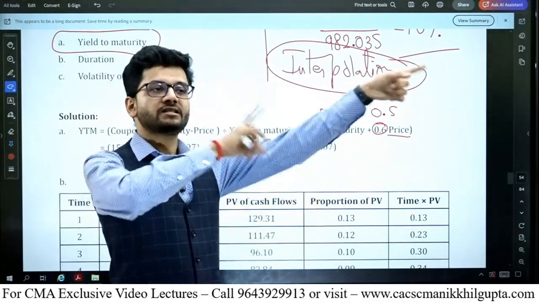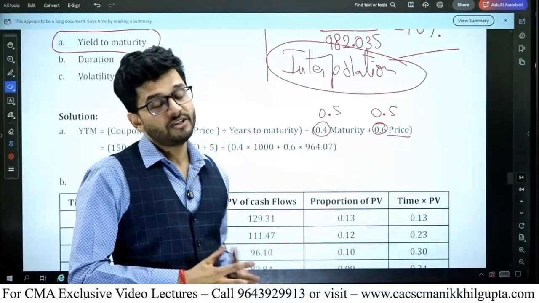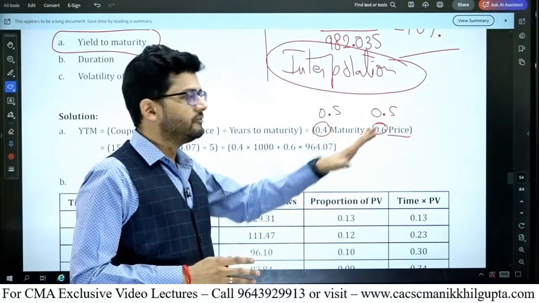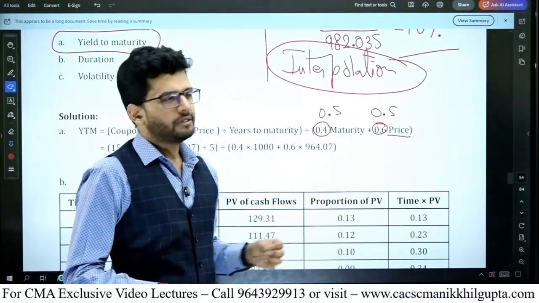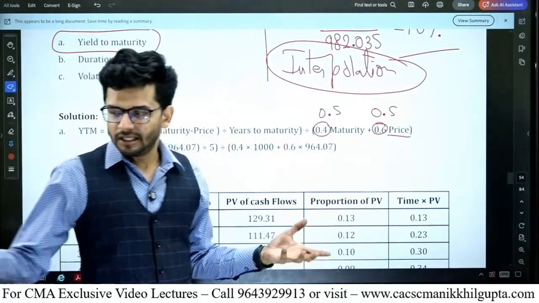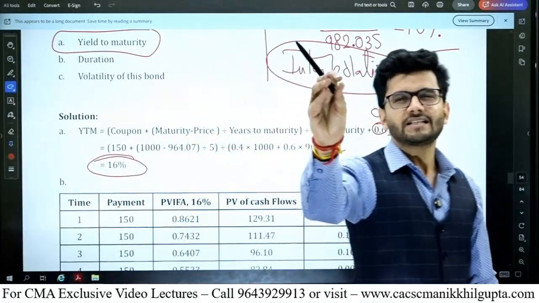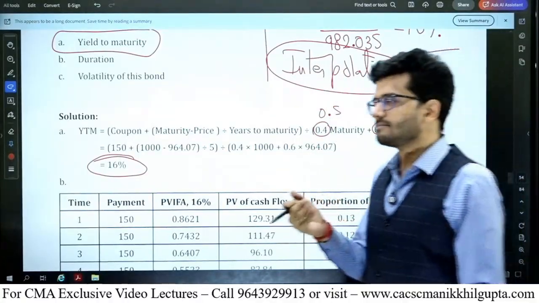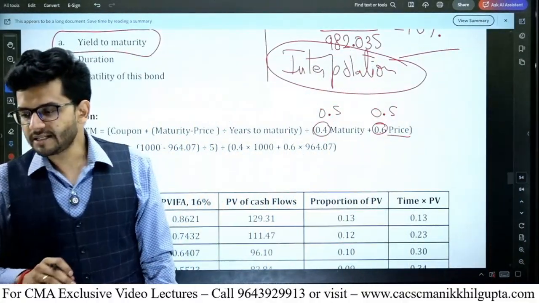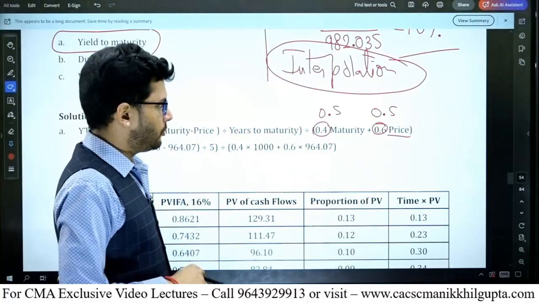According to me, unless the question specifies these weights, we should not change them; they should be 0.5 and 0.5 only. However, the difference is really minuscule and the answer is almost the same. There's a difference in decimals, guys, so it doesn't matter. But yes, average investment is a fair point to be taken.